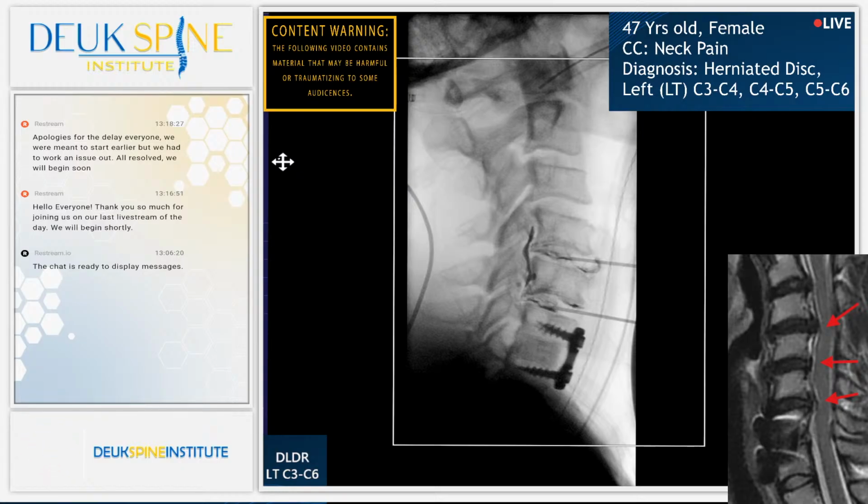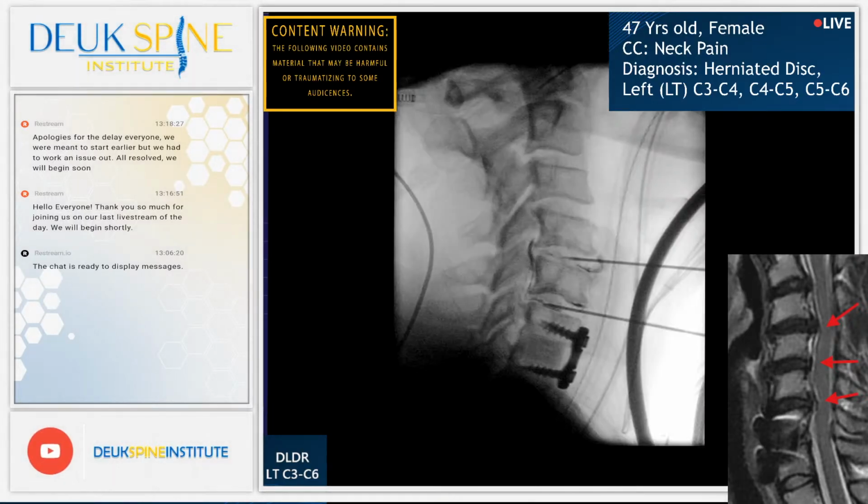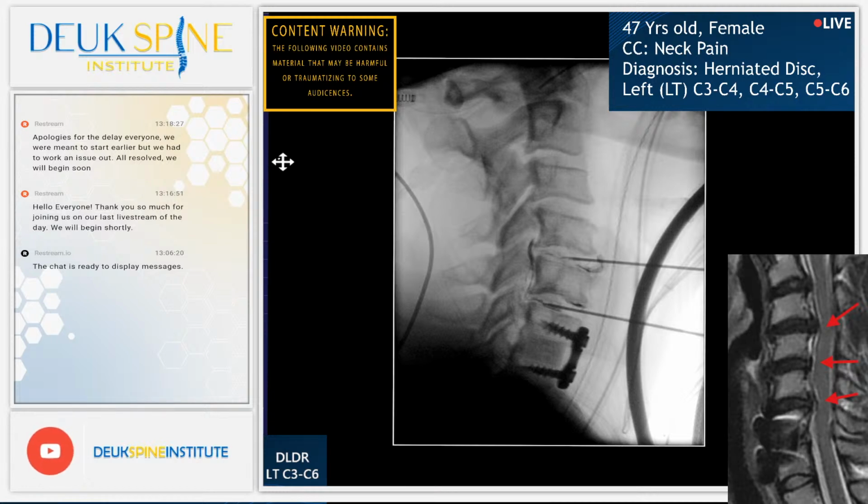She said that her surgeon should have fixed them all when he did the first surgery, but he didn't. And we talked about that a little bit. Sometimes surgeons only like to do one disc at a time. We here at Duke Spine are comfortable treating all the discs at one time because we don't want our patient to have 4 different surgeries. It's better for the patient when you can treat all of them at the same time.